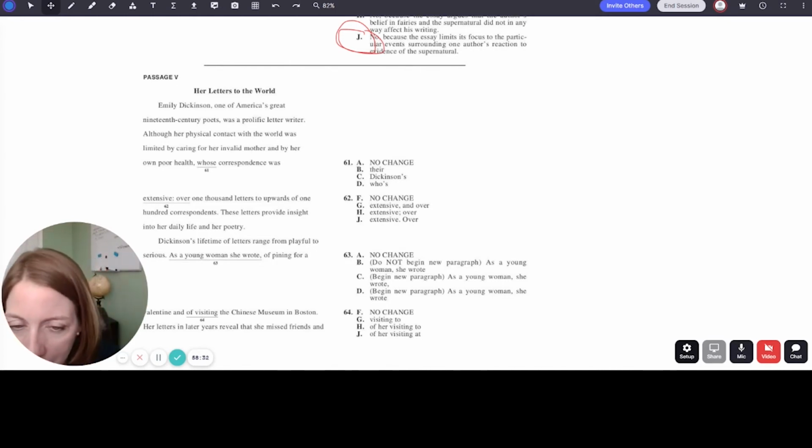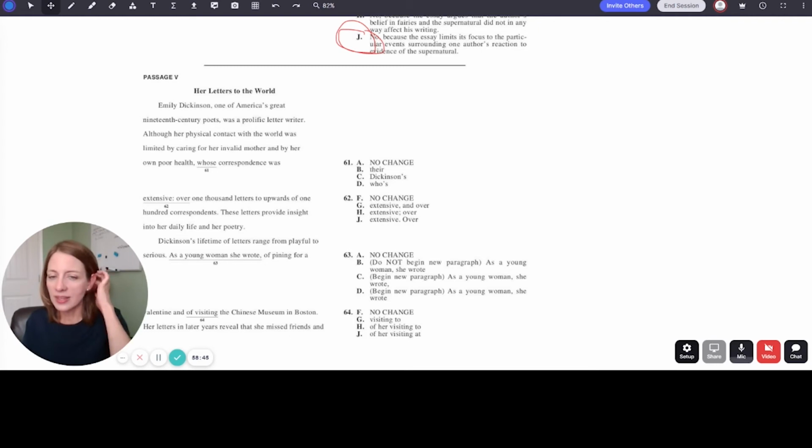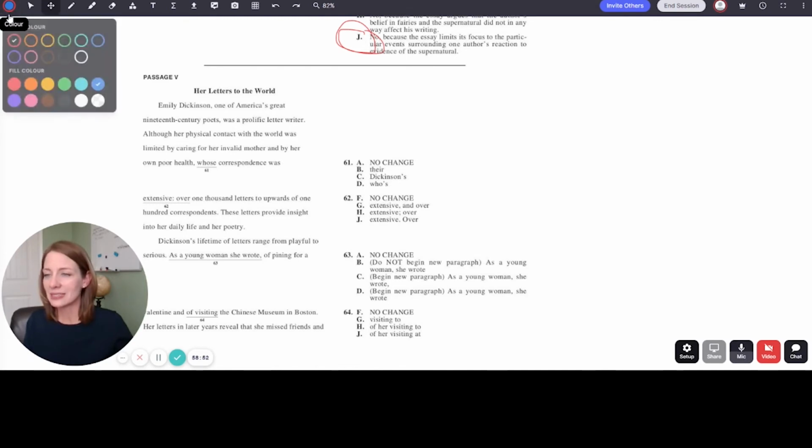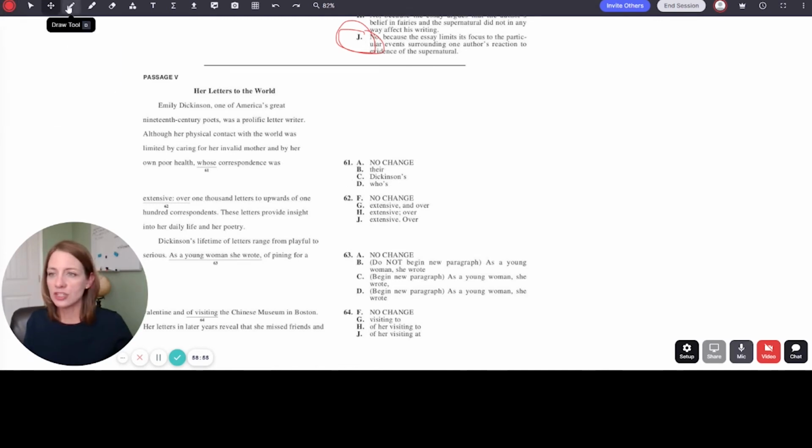So because we're talking about her mother, I think we should say Dickinson again to emphasize. So let's do that. I'll check some different things, but my instinct is that it's going to be Dickinson's. Dickinson's correspondence was extensive, over 1,000 letters to upwards of 100 correspondents.